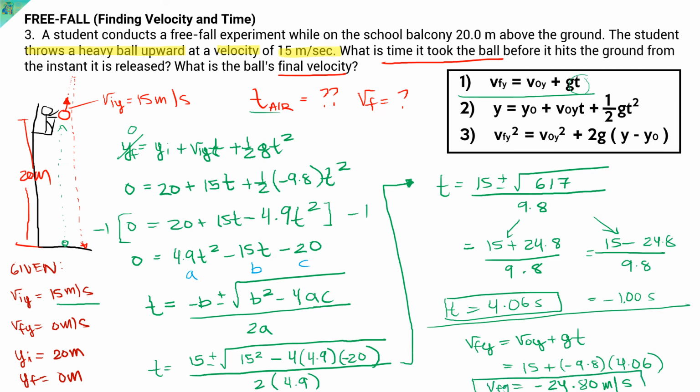Okay, that is our final answer for the final velocity. Should it be negative? Yes, because according to our story here, by the time it reaches its final velocity, it's going downward, and downward means negative in terms of velocity. And that's how you do it.